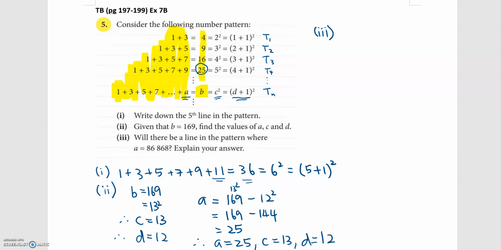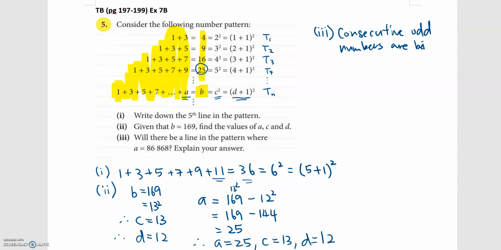So it's 1 plus 3, then you have to add a 5, then add a 7 to the next one, add a 9, and so on and so forth. So we recognize the pattern that we are adding consecutive odd numbers.